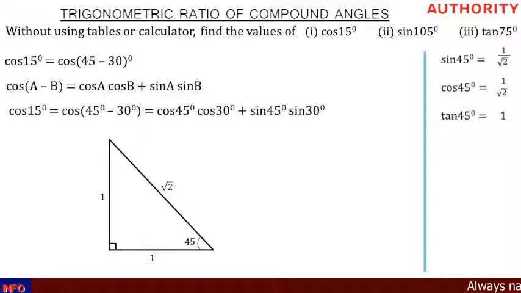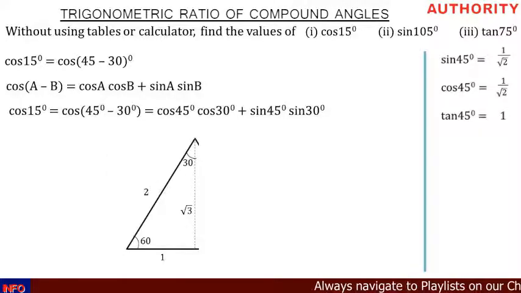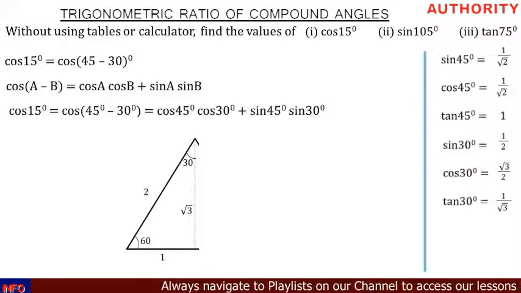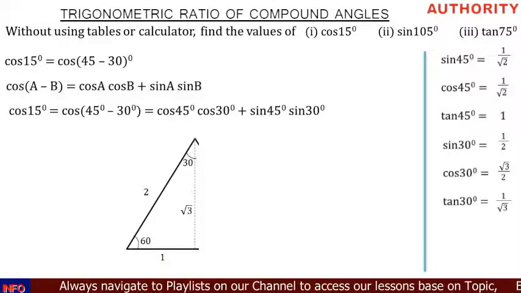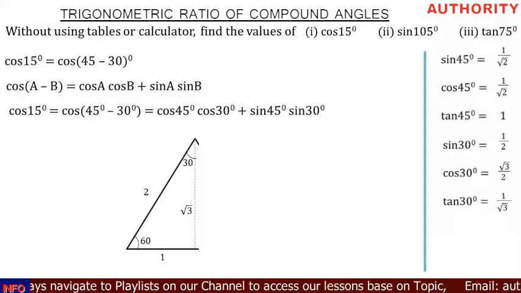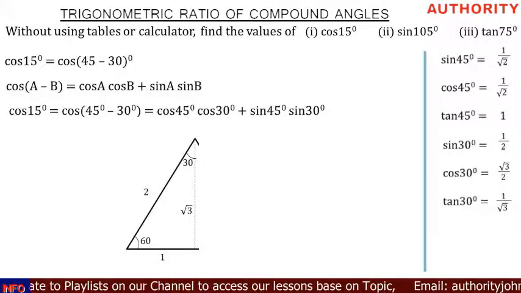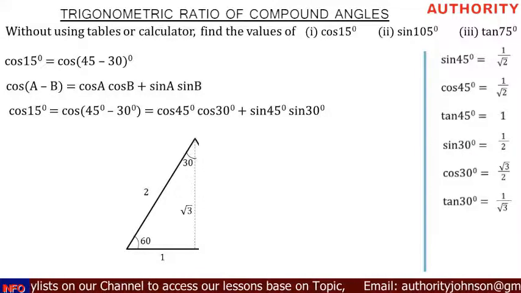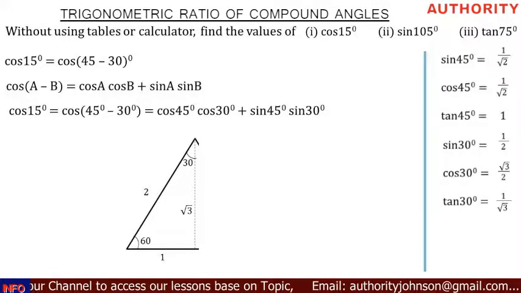Okay? Then let's also find cos 30 degrees. Let's make use of this shape. We're going to see that cos 30 degrees is equal to root 3 over 2. We have adjacent over hypotenuse, so our adjacent here is root 3, then hypotenuse is 2. So we have root 3 over 2.